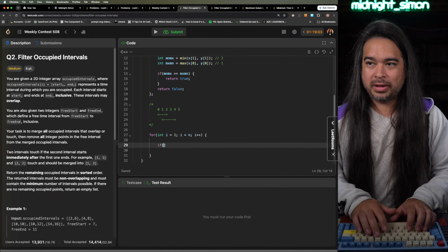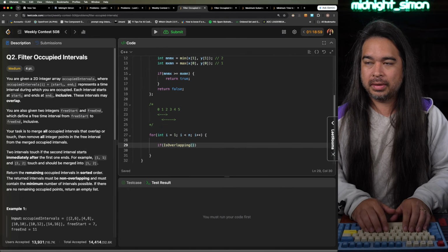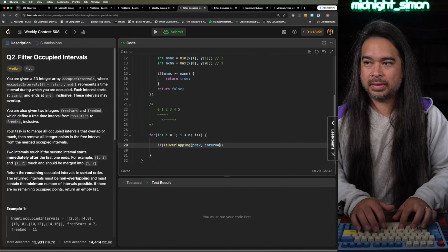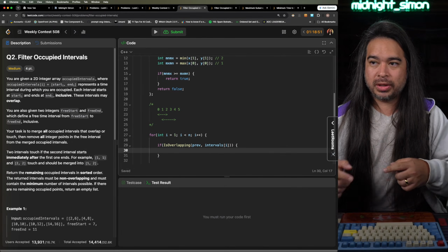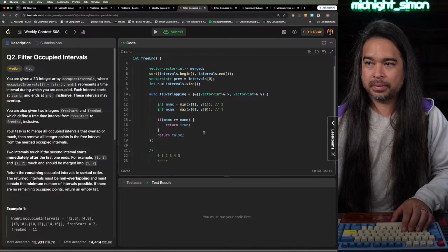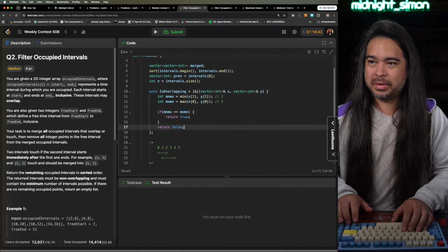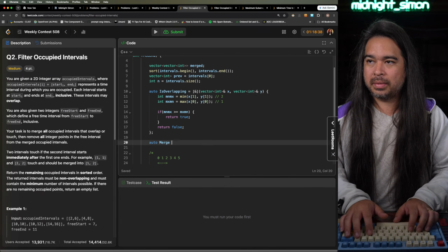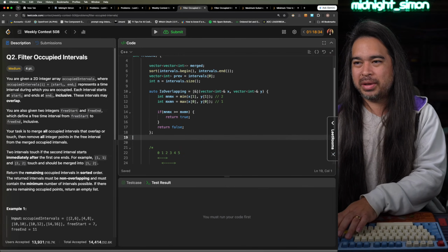Alright, so if the previous and the current are overlapping, then we want to merge them together. Should I make a function for that too? I don't think I need to do all that, man.